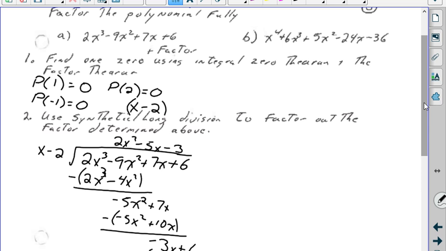Factors of 36. There's lots of them. Let's start with 1. Does p at 1 work? Is it going to equal 0? Nope. P at 1 does not work.